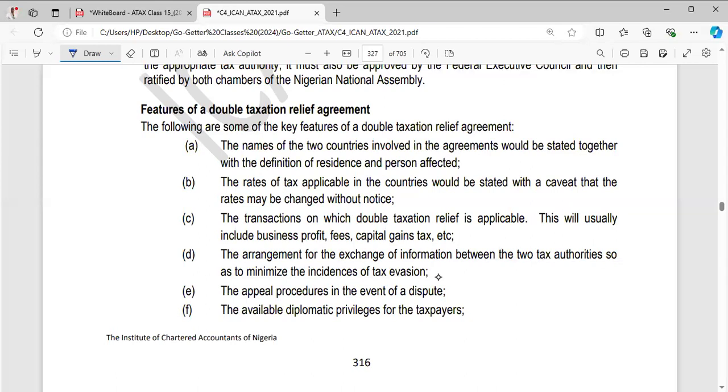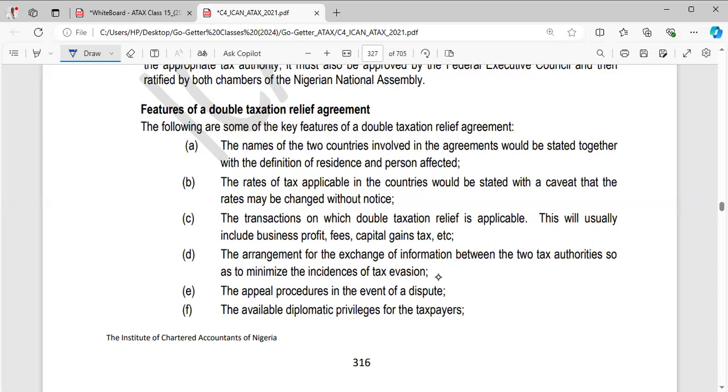So somebody might register a Nigerian company and be managing it in US, making the income in US, but it is a Nigerian company. It will suffer Nigerian tax by virtue of registration. It will also suffer US tax by virtue of management. So the definitions of residence of the two countries will be stated.